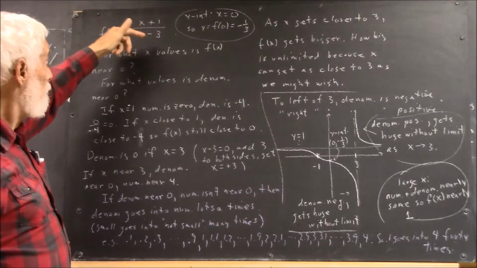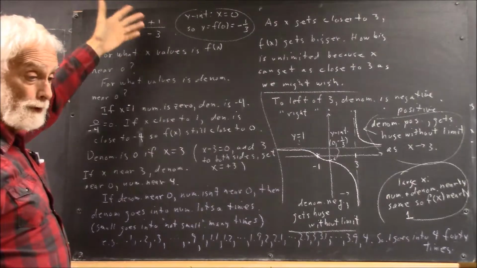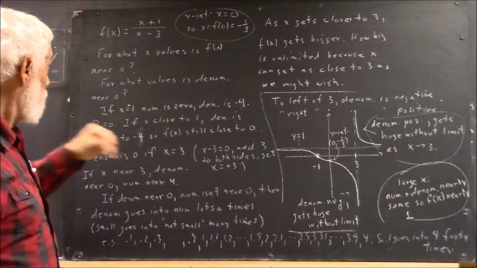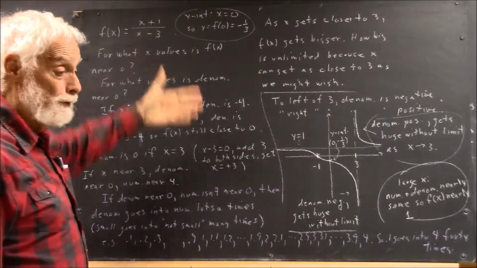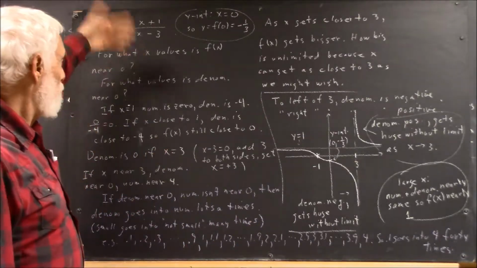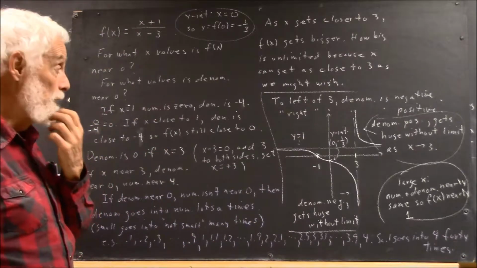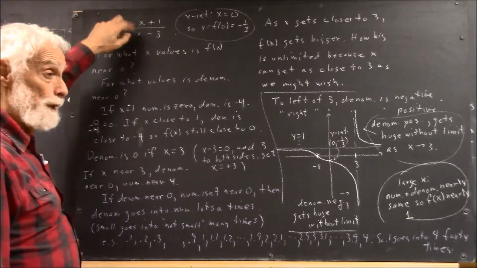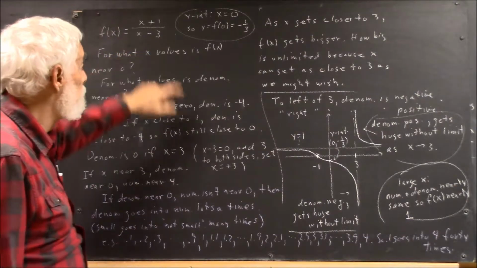So you're dividing 1,000th into a number that's very close to 4, you're going to get a result that's very close to 4,000. You can get as close to 3 as you like. You can get a billionth of a unit away from 3, meaning when you divide it in, you're going to end up with 4 billion. So there's no limit to how big these results can be as x gets close to 3.